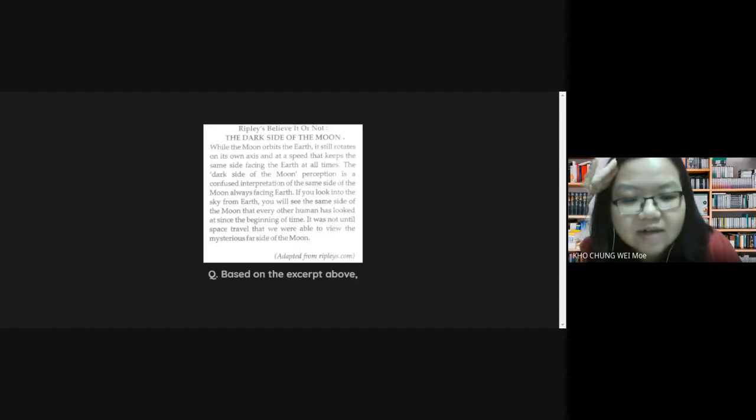The dark side of the moon perception is a confused interpretation of the same side of the moon always facing earth. If you look into the sky from earth, you will see the same side of the moon that every other human has looked at since the beginning of time. It was not until space travel that we were able to view the mysterious far side of the moon. Okay?